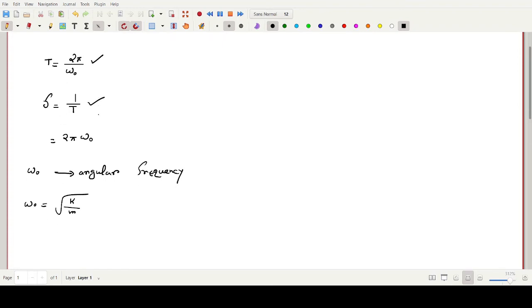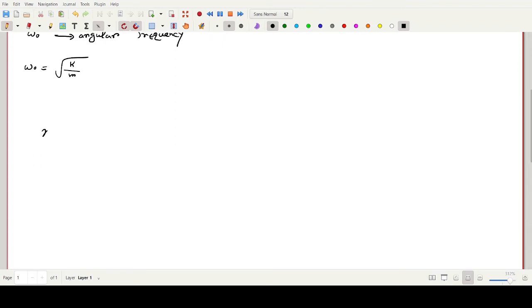Now we have seen that this can be one of the solutions for simple harmonic oscillation. Now at t equals 0, sorry, it was x equals a sine omega t plus d, I think.